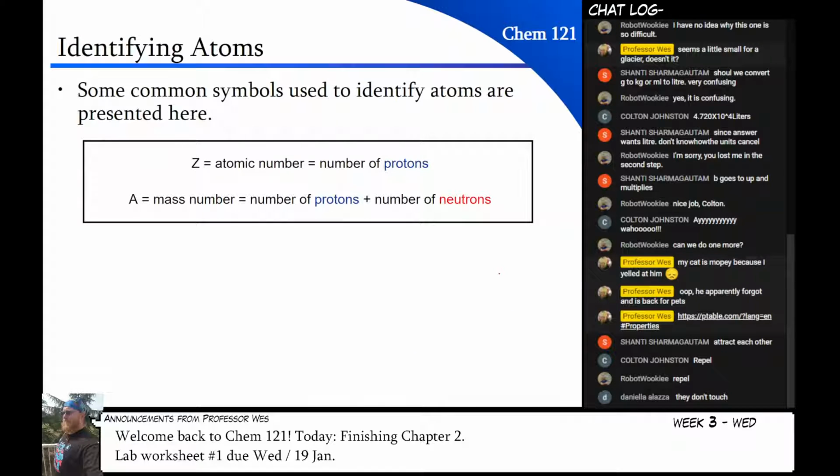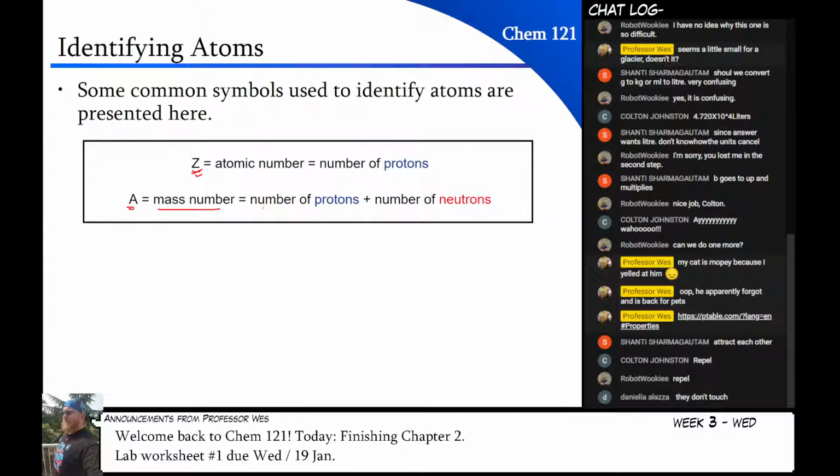We're going to use this variable here, Z, or Z if you're Canadian like me. Z is going to be the number of protons. We're just going to replace Z in a symbol later with the number of protons. So whenever you see Z, that's the atomic number. Now we're going to introduce another variable, A. A is what's known as the mass number.